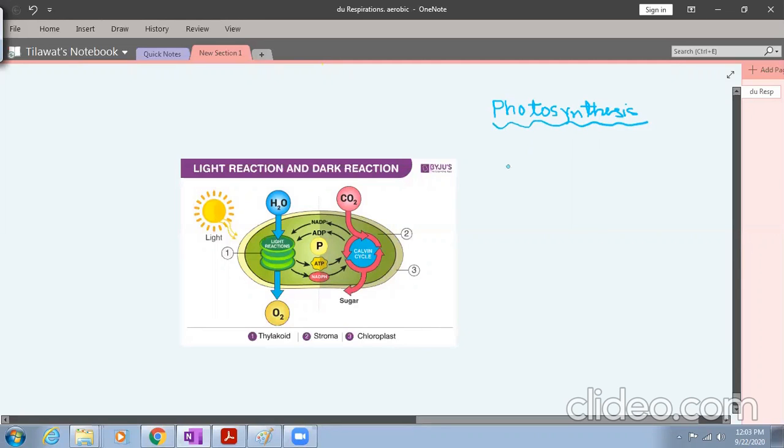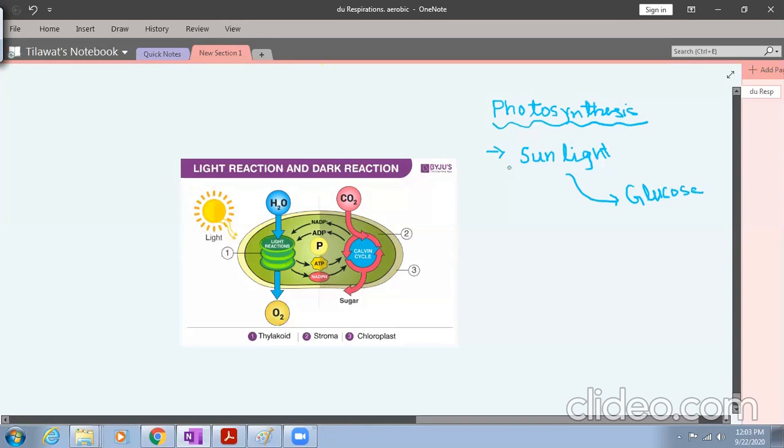Okay, it's the process through which green plants convert sunlight into glucose, right?